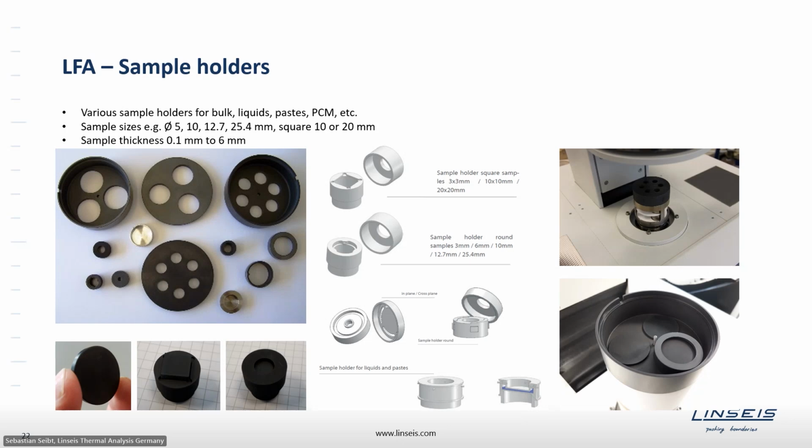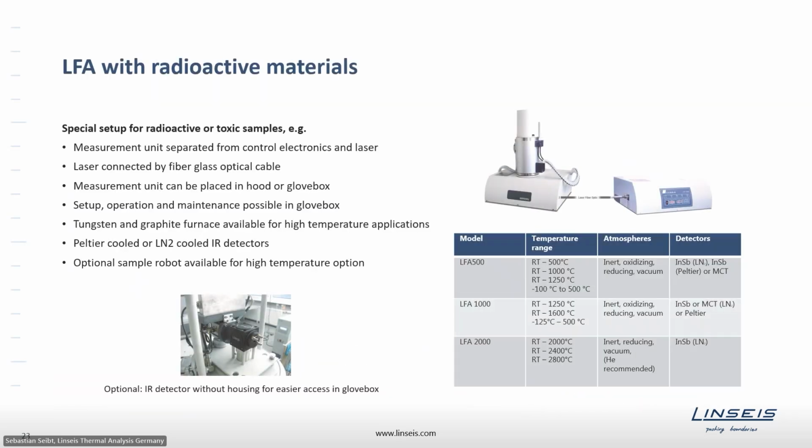Mainly, the laser flash is designed for solid and bulk materials, but with some special sample holders, one can also measure, for example, liquids, and thus also maybe phase change materials, which are in the beginning solid and melt then at higher temperatures.